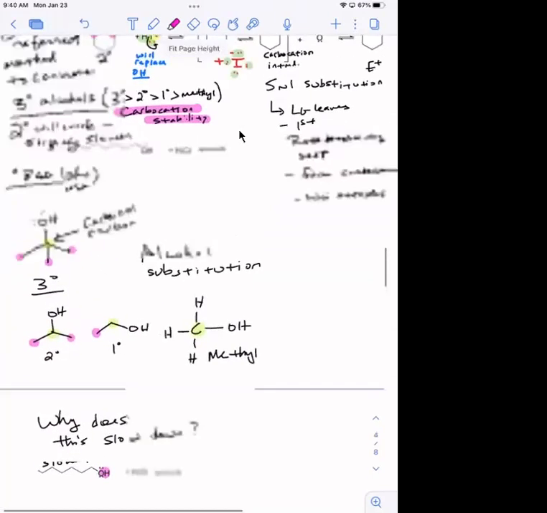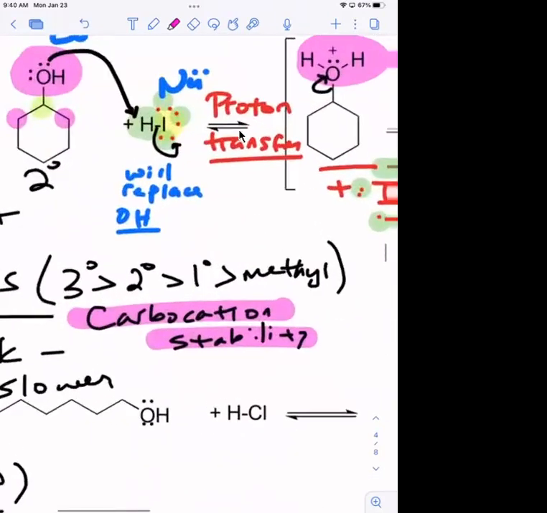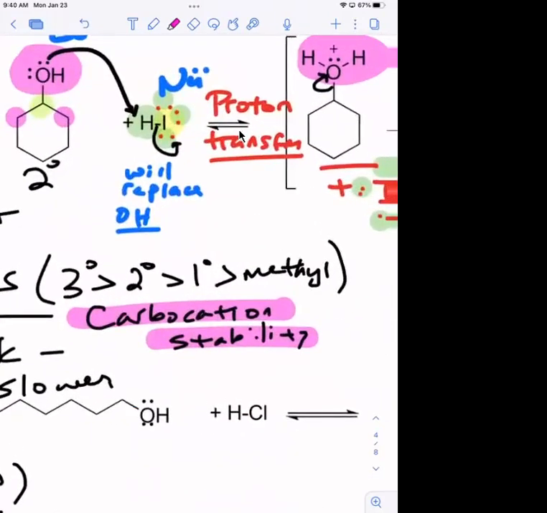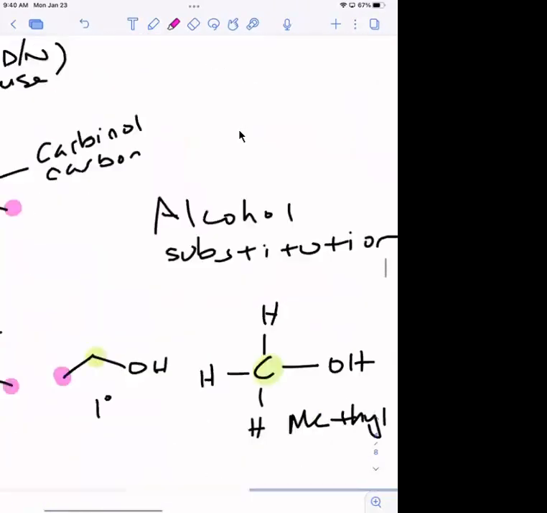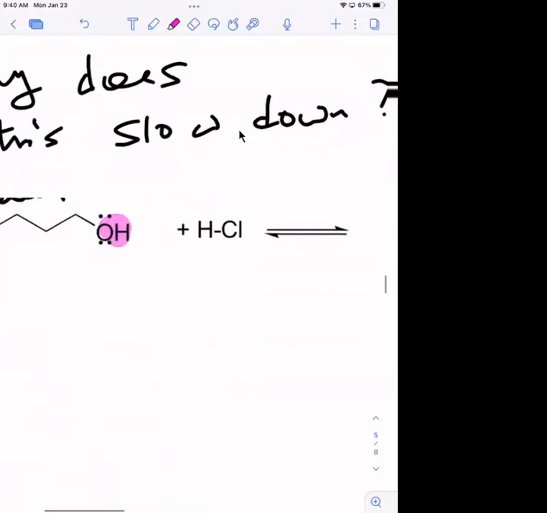And if you are stuck there, what was the first step here? Right? The alcohol actually attacked the acid and did a proton transfer. That's always the same. When you're doing alcohols to alkyl halides with HX as your halogen source, the first step is always going to be a proton transfer.